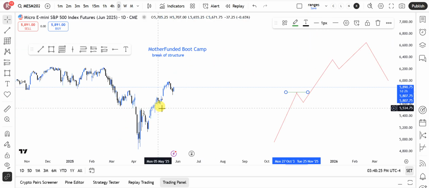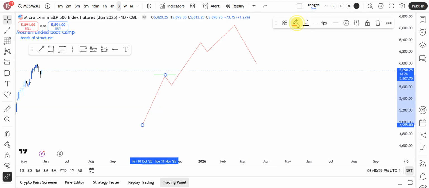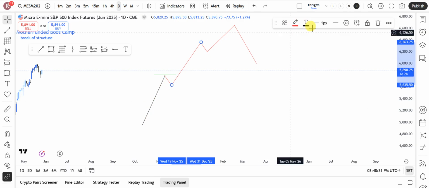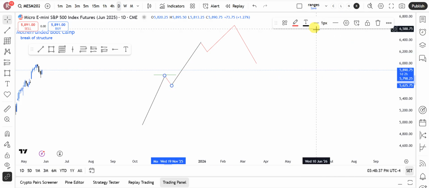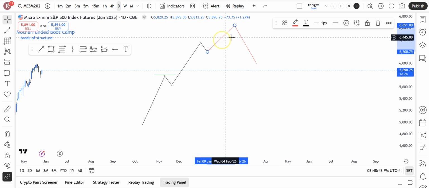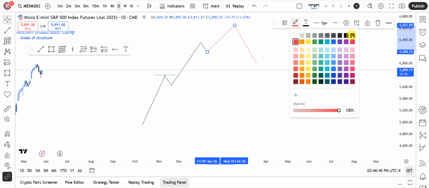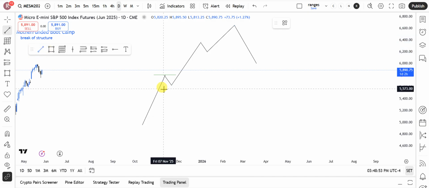Let me change all this to black, just for the purpose of the example. I am not a master at TradingView, so if you know faster ways to do this, let me know, so maybe I won't make you as frustrated.